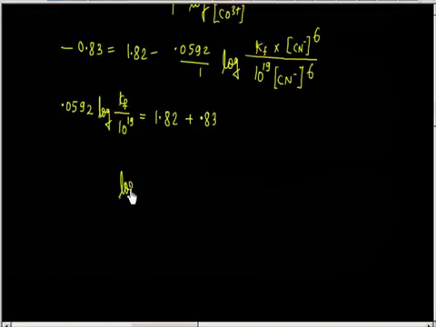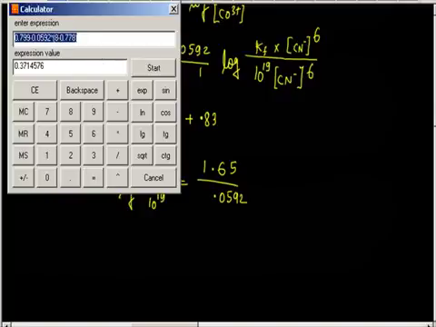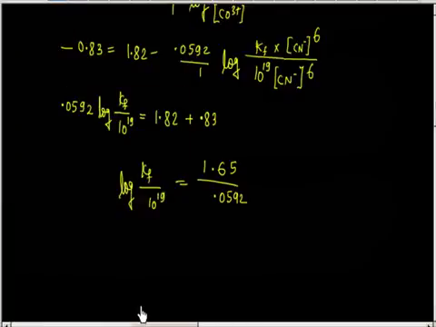So now log of Kf divided by 10 to the power 19 equals 1.65 divided by 0.0592. So let us do this calculation. So 1.65 divided by 0.0592, this value is 27.87.